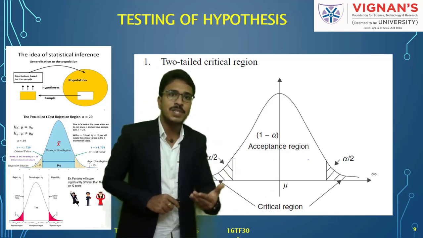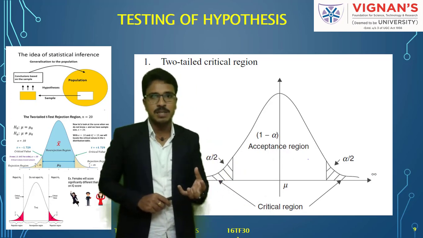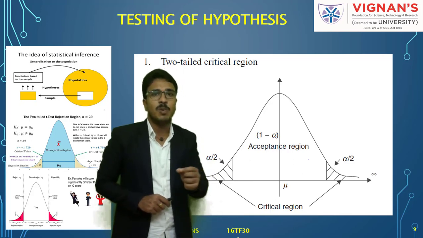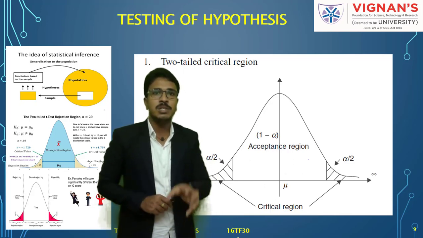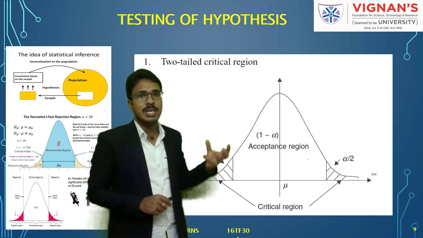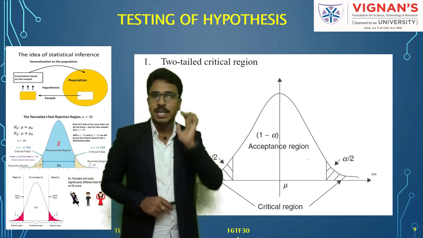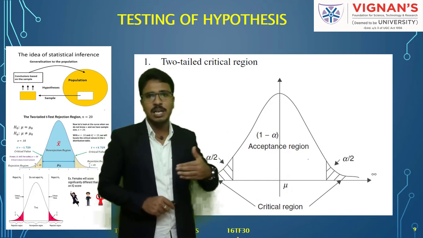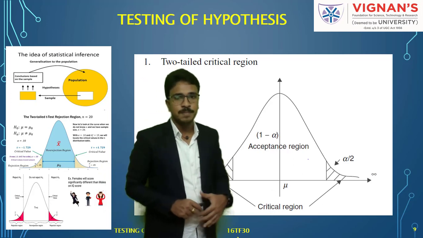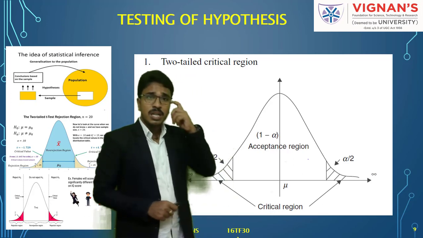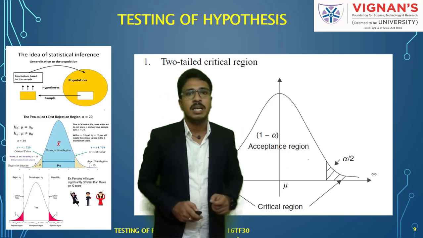For example, if the level of significance is 5%, the alpha value is 0.05. This is useful in finding the table values of the particular test, whether it is a Z or T test. So this is about the two-tailed critical region.